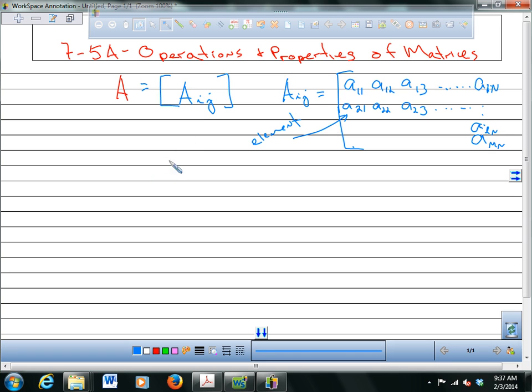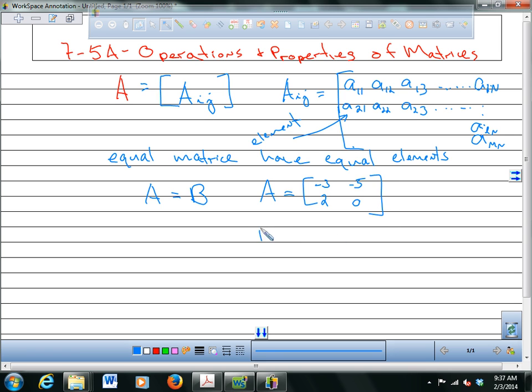Okay. The other thing they talk about is equal matrices. Equal matrices have equal elements. So if A equals B, and A equals, let's just say, -3, -5, 2, and 0.